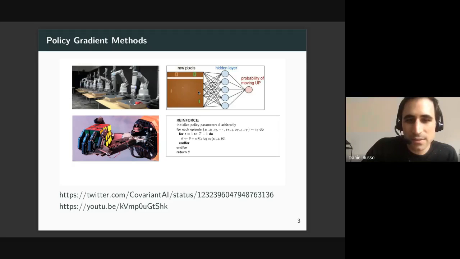If you link that with a fair amount of engineering and compute, you can use it to play a game like Pong, controlling the paddle by learning a parameterized neural network that directly maps pixels of the screen to a stochastic policy that indicates a probability of moving up.